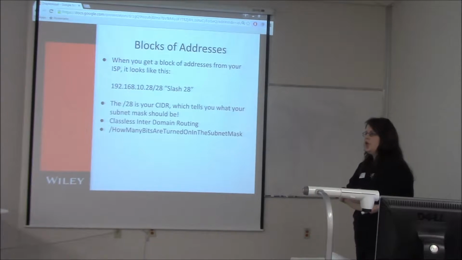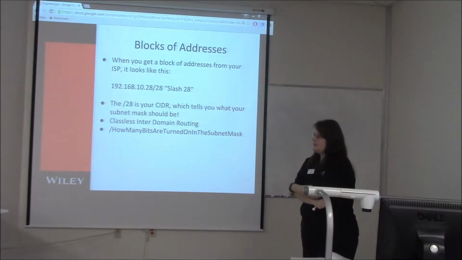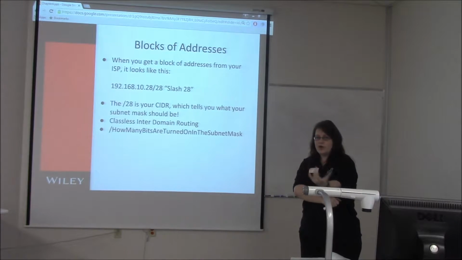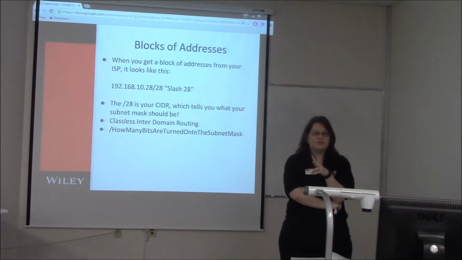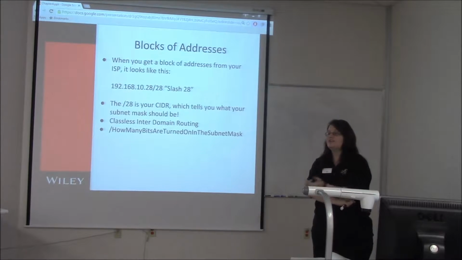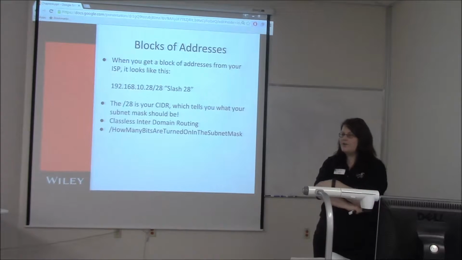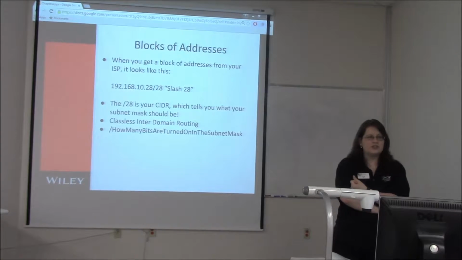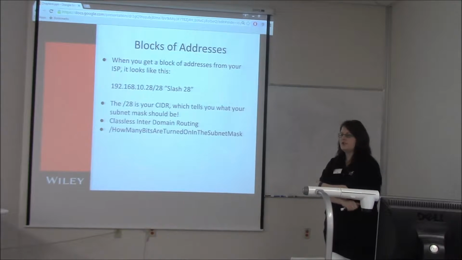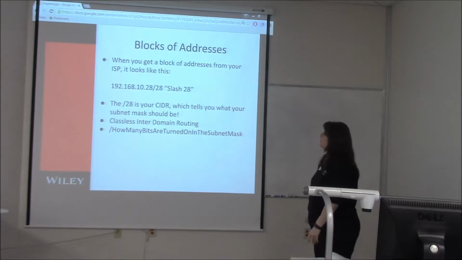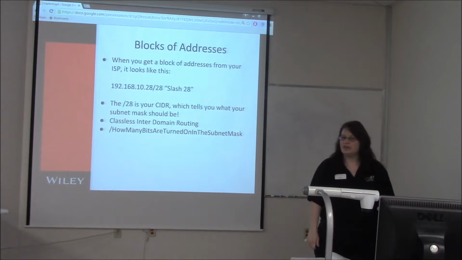So when you get a block of addresses from your ISP, for a small business or residential, we just get one address from the ISP because that's all we need. As we talked about before, our router handles the network address translation to make sure all those things can work properly. But sometimes you would get a block of addresses from your ISP.